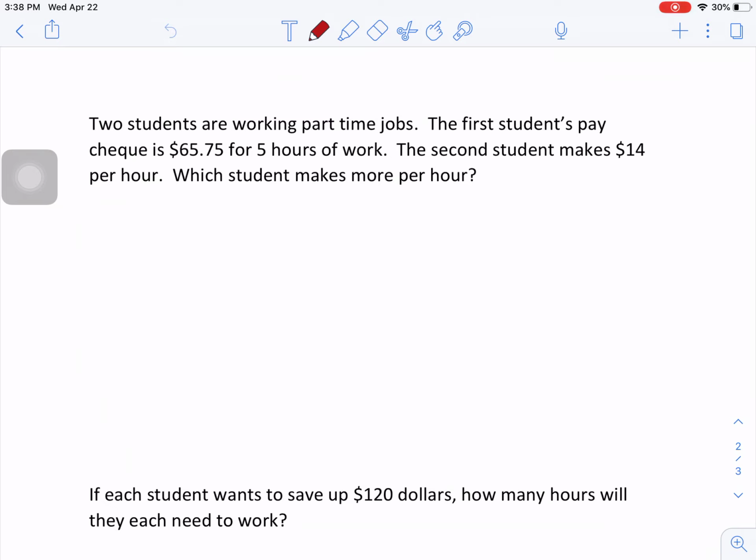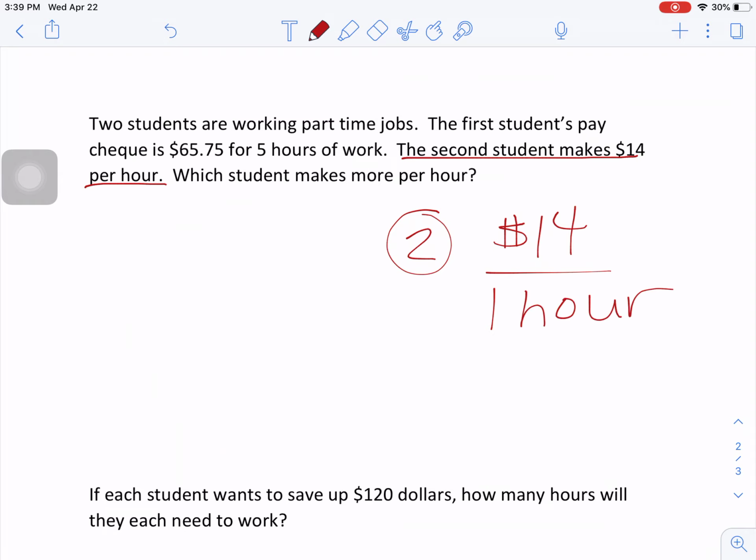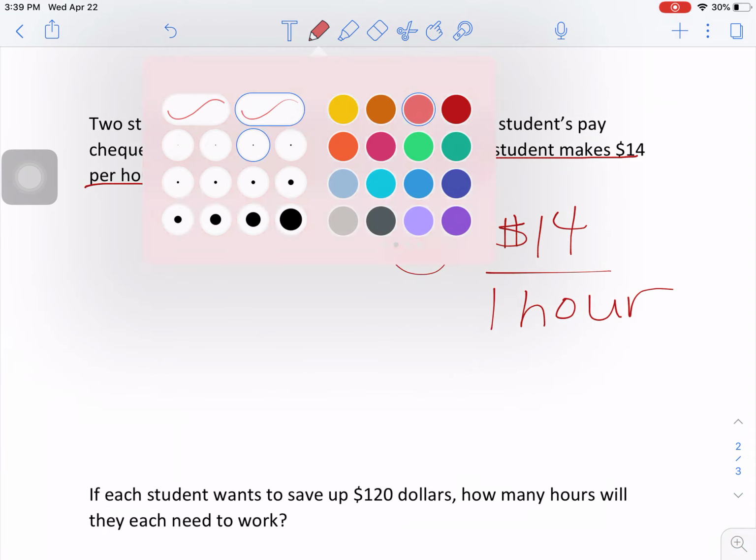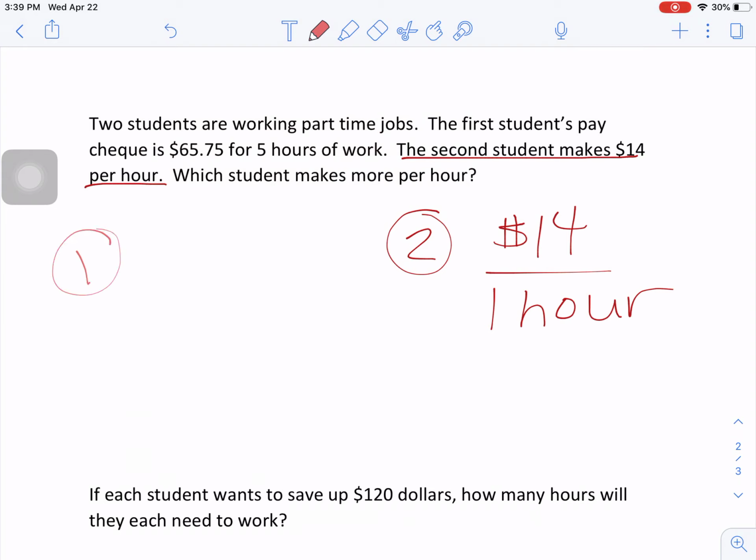There's lots of different ways we can do this, but usually we just find out the unit rate, how much for 1 hour of work for each student. Luckily, we already know that the second student makes $14 per hour. So all we really need to calculate is for student 1, how much do they make for 1 hour?